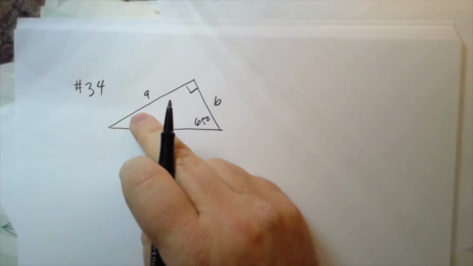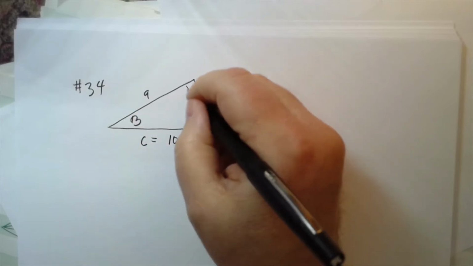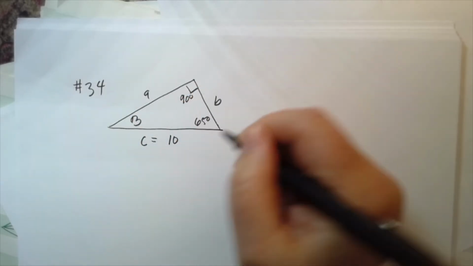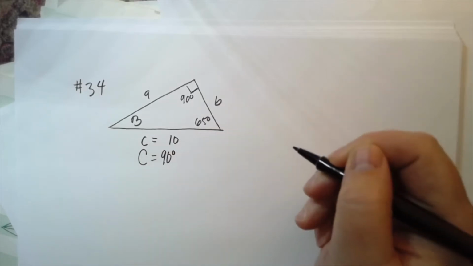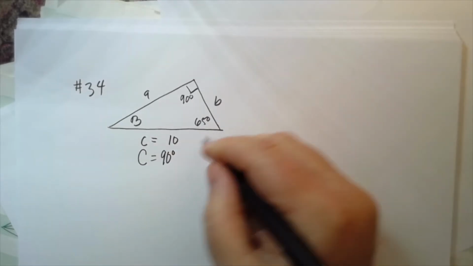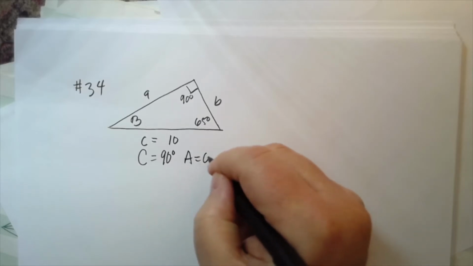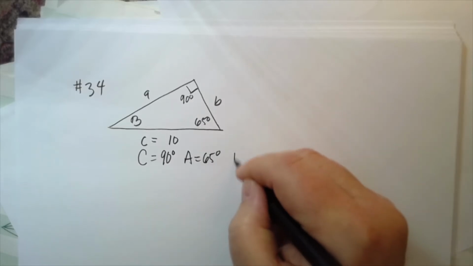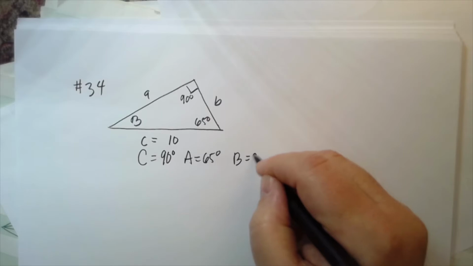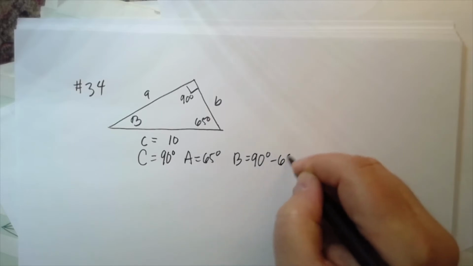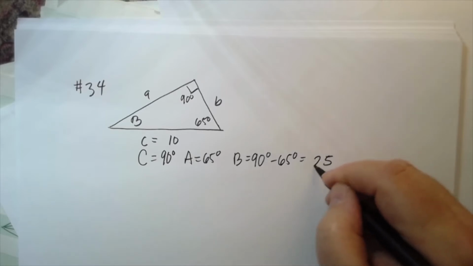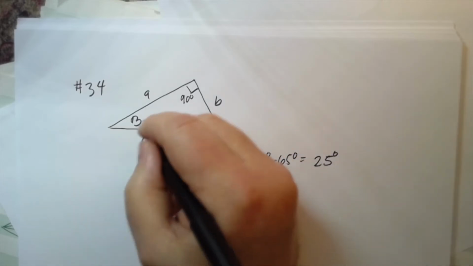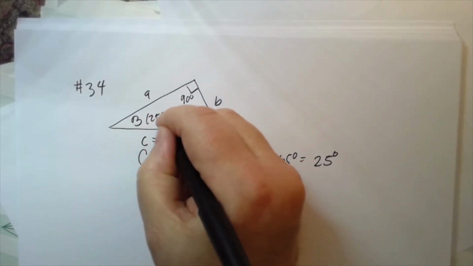This C we know, that's 90 degrees. So we have capital C, which is 90 degrees, and little c, which is 10. And we also have A here, they give us 65 degrees. So of course B is easy to calculate, that's just 90 minus 65, which would be 25 degrees. So we have that angle right there, that's 25 degrees.